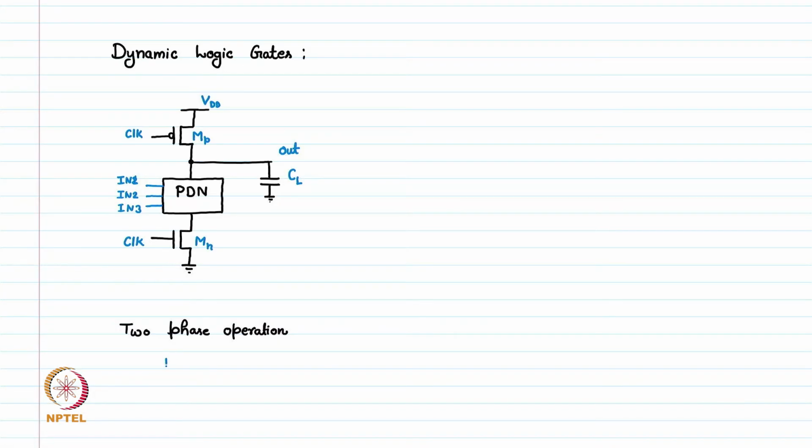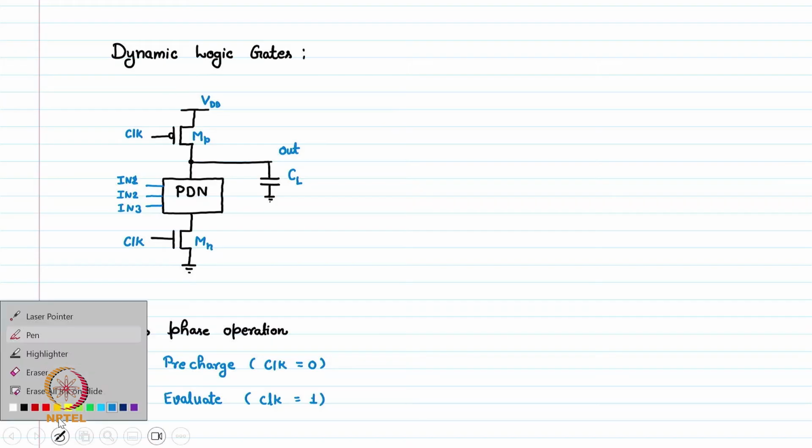One is the pre-charge, when CLK is 0, and then the second step is evaluate. This happens when the clock becomes high. Let's take an example.